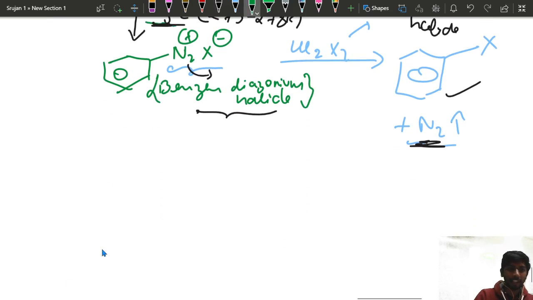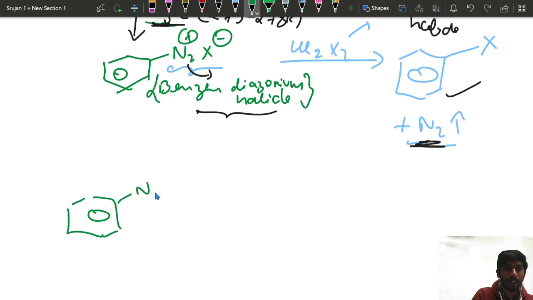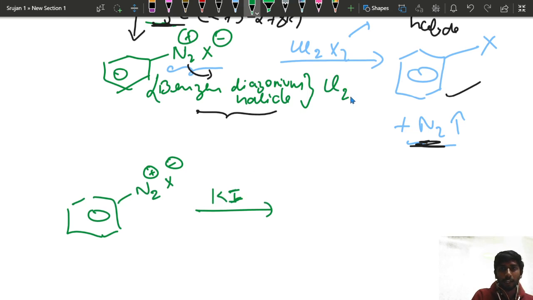If I give one more reaction, treating this benzene diazonium halide with potassium iodide. For chlorines and bromines I go through the previous process, but potassium iodide is very less reactive.